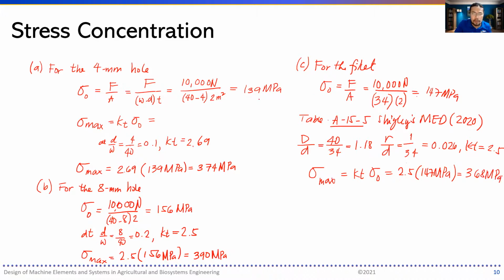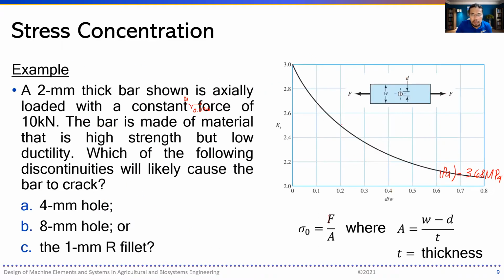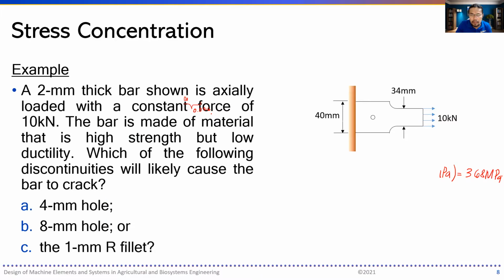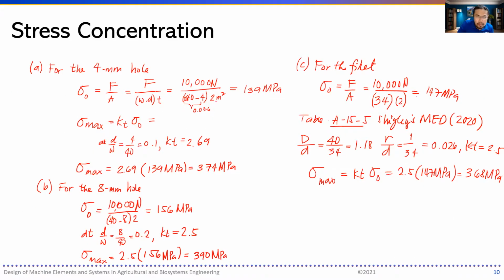Again, please check through the values. This has to be 0.04 millimeters, so this will be 0.036, times the thickness, that is 2 millimeters, so 0.002, and just increased by probably 2 gigapascals.